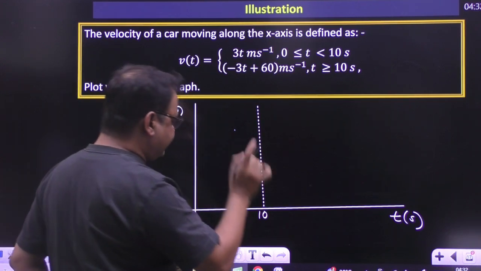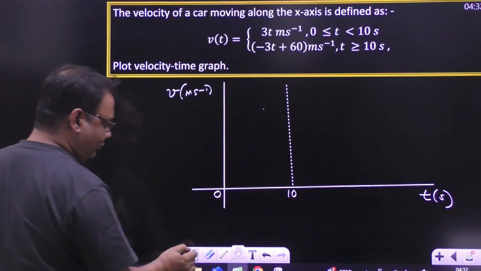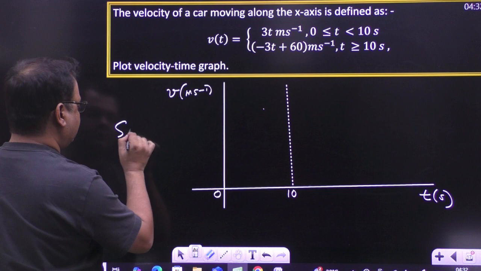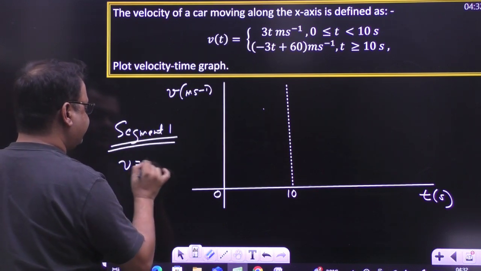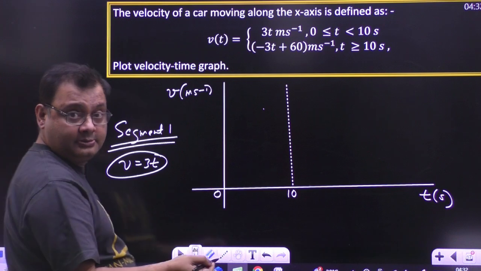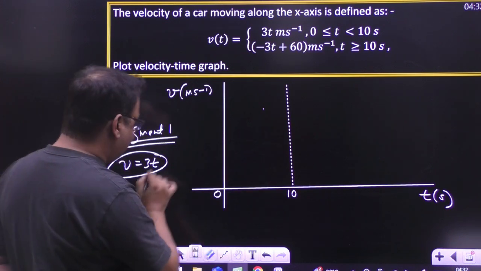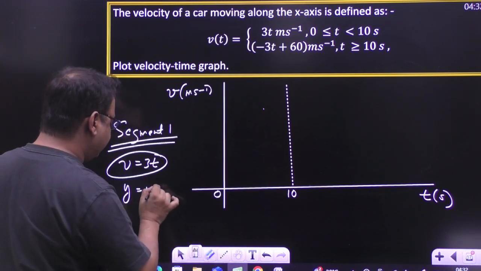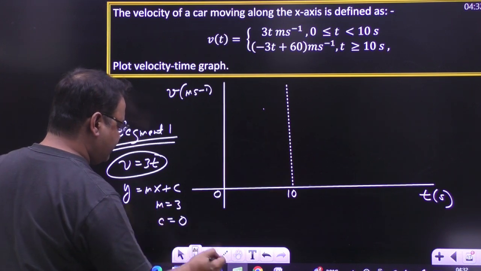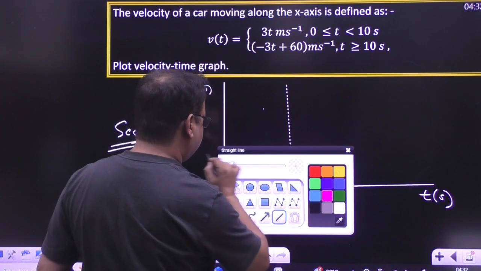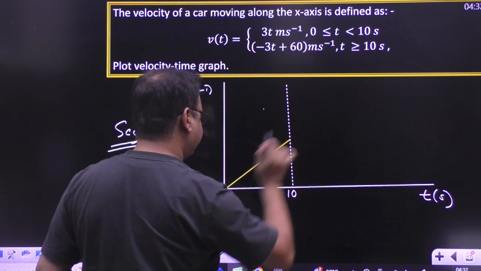Now see, in the first segment, the velocity is 3t, and segment 1 is starting from x equal to 0. So I can compare it with this. So the slope is coming to be 3 and the intercept is coming to be 0. So a graph will start from the origin and it will go like this.